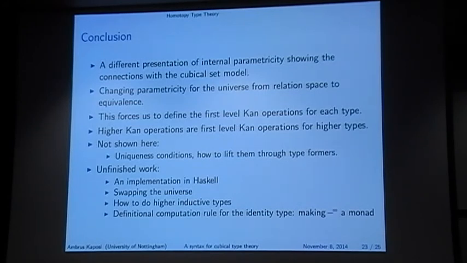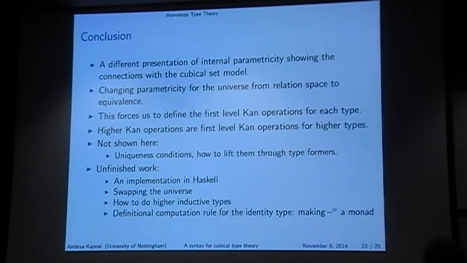And this forced us to define the first level Kan operations for every type. This is not completely true, because not all the higher level Kan operations are first level Kan operations for a higher type, but some of them are, and the others are hopefully definable. So this part is not completely finished.